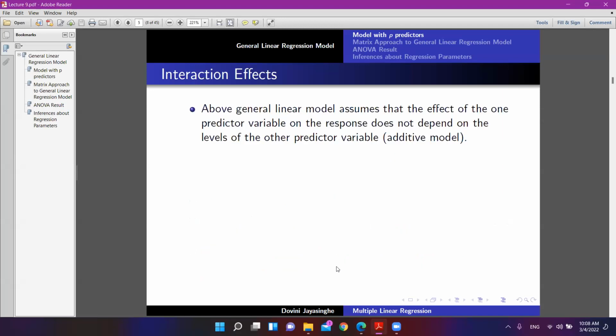Interaction effects. We are not going deep into this, but it's important to know that there could be things like this. Within our scope, we are discussing only the first order models, the additive models. The general linear model assumes that the effect of one predictor variable on the response does not depend on the levels of the other predictor variable.